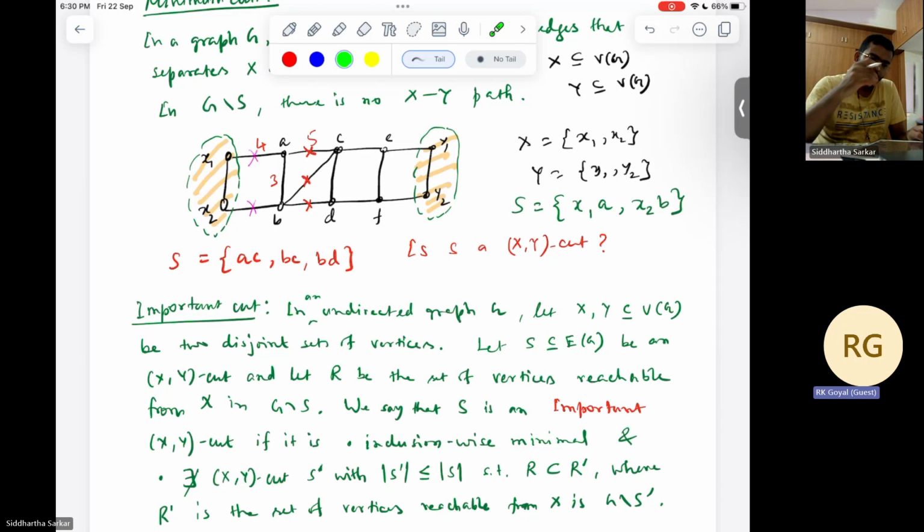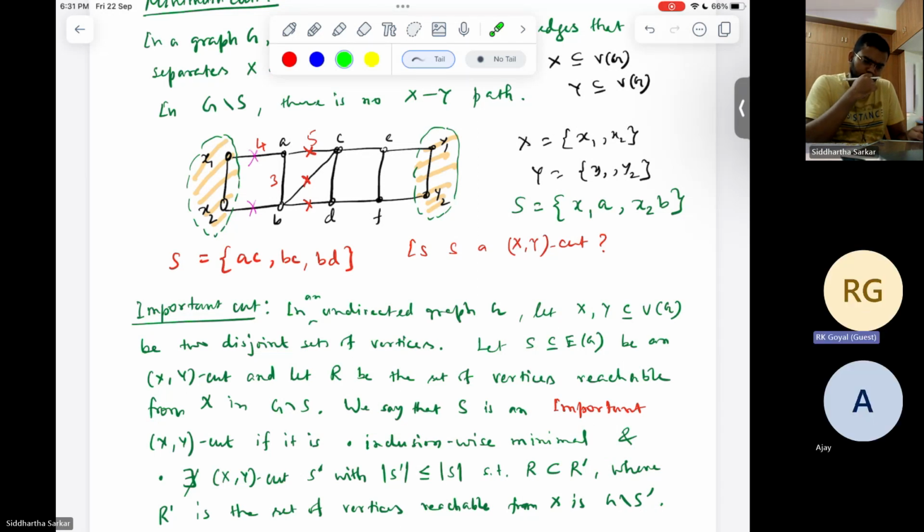But I am doubtful about R, the set of vertices reachable from X in G minus S. If I remove these two edges from the graph, then the graph will become disconnected.